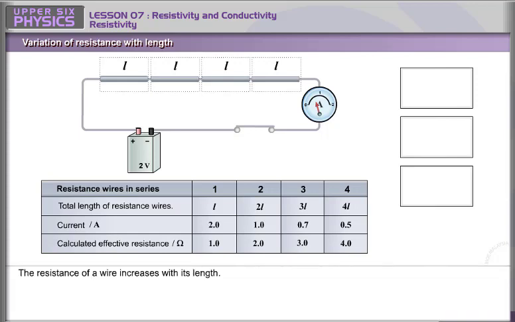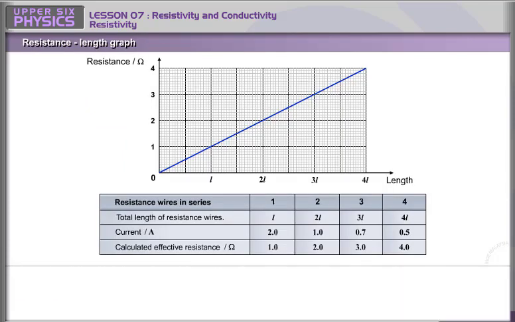The resistance of a wire increases with its length. Suggest a relationship between the resistance of a wire and its length. Answer. The resistance of a wire is directly proportional to its length.